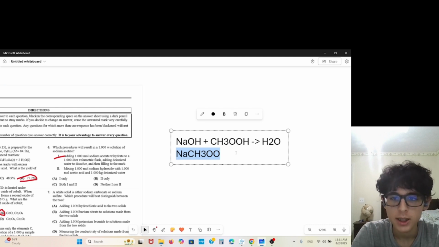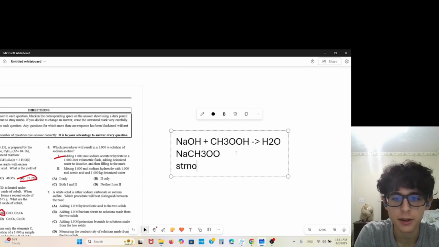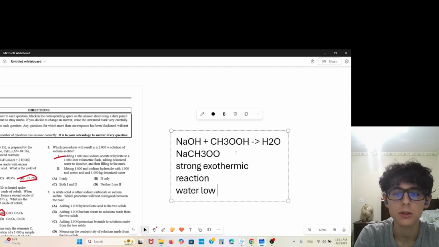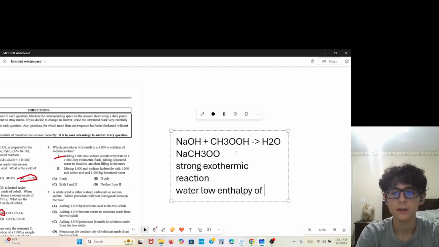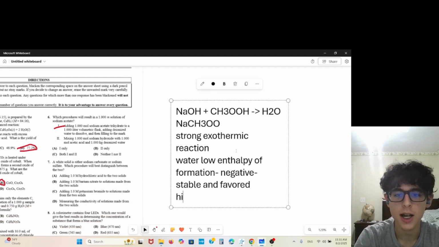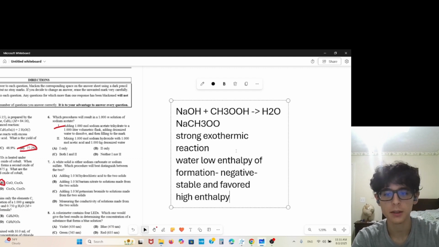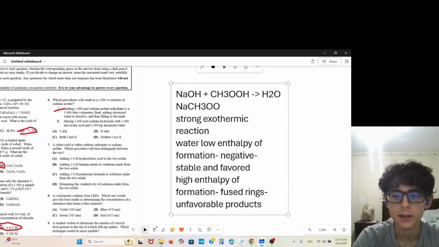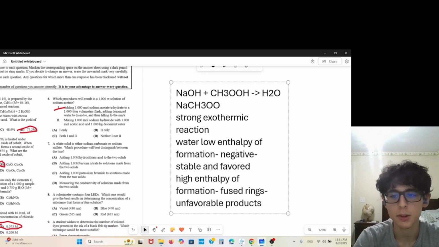However, this is a very strong exothermic reaction. Water has a very low enthalpy of formation. It's very negative, meaning it's very stable and favored. Molecules that have high enthalpies of formation, highly positive, these are going to be the molecules like fused rings, unfavorable products that are very unstable.